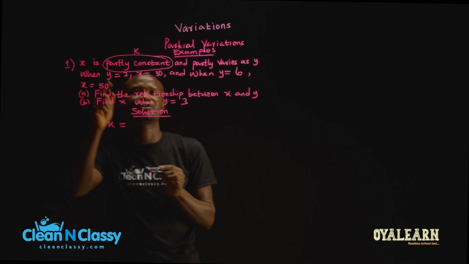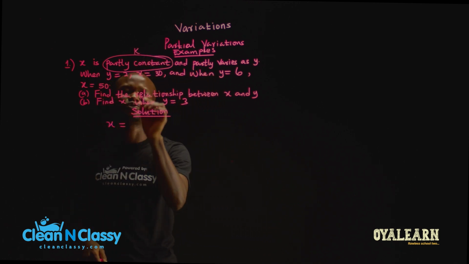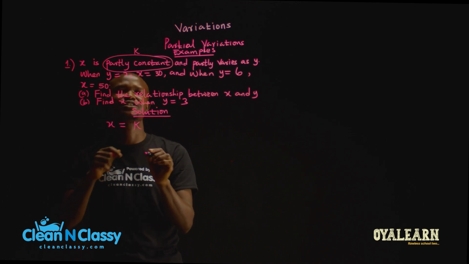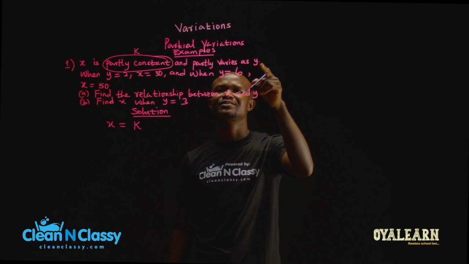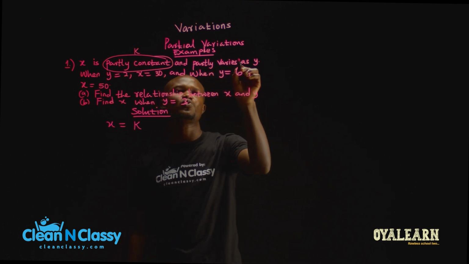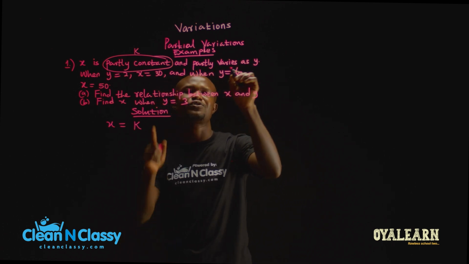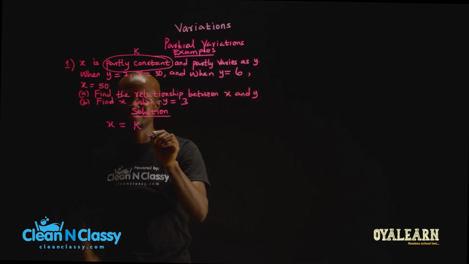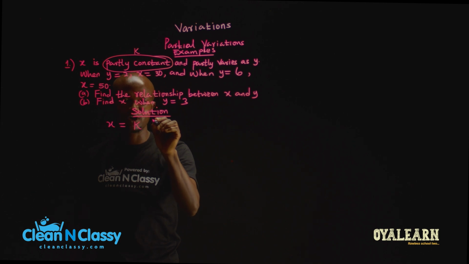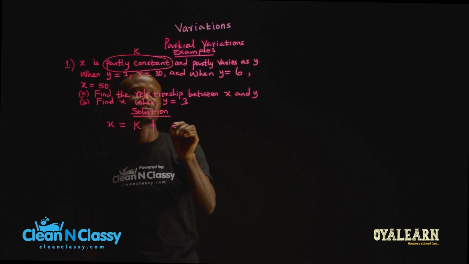Partly varies as y, meaning we look for another constant for this. So x is going to be k plus another constant, c, times y.